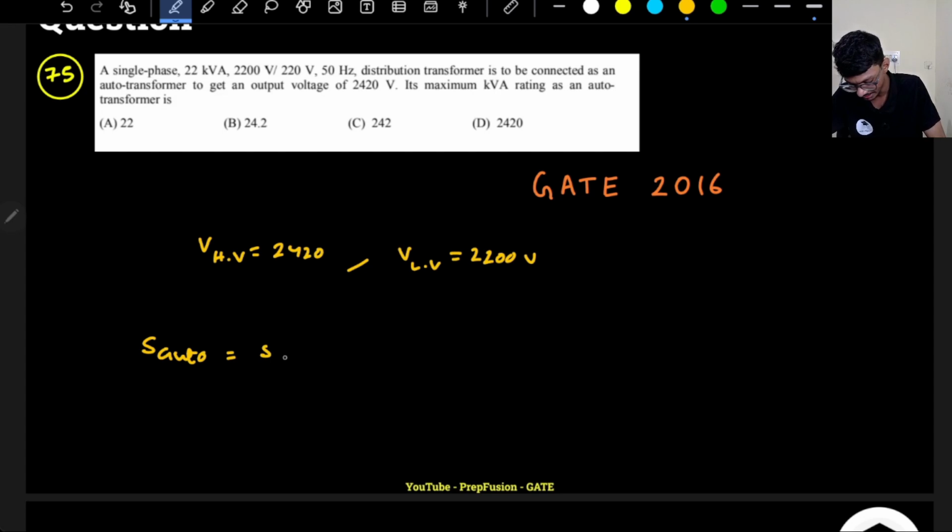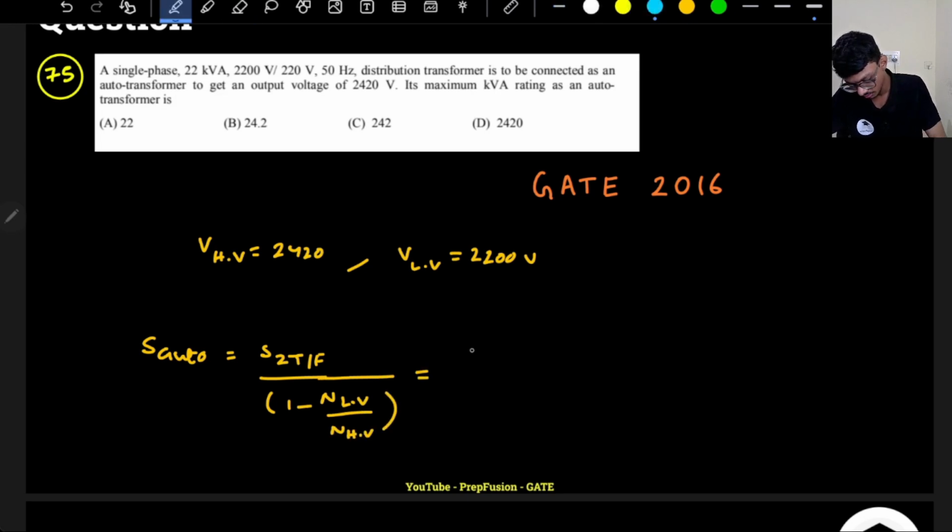So S auto will be S two-winding transformer divided by 1 minus N LV divided by N HV.